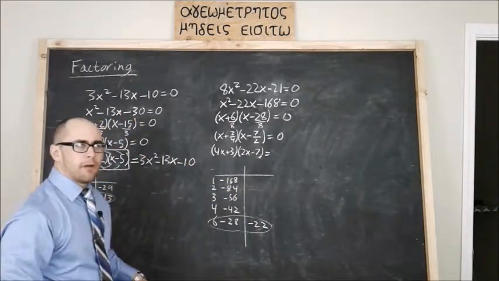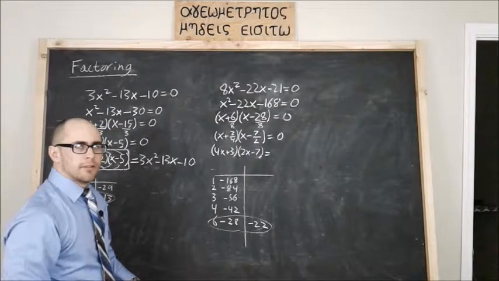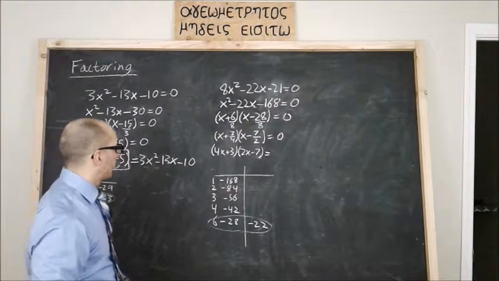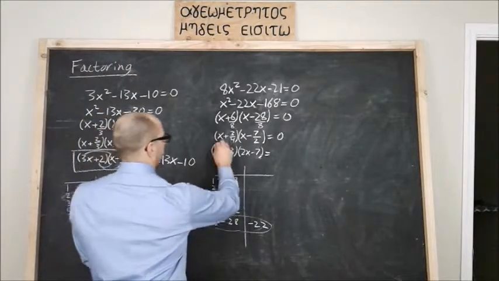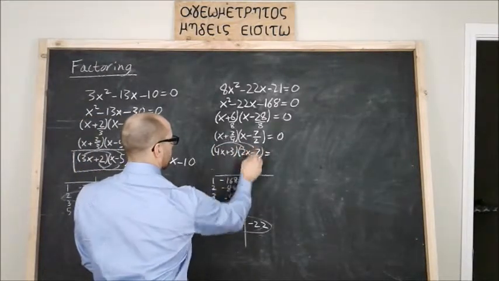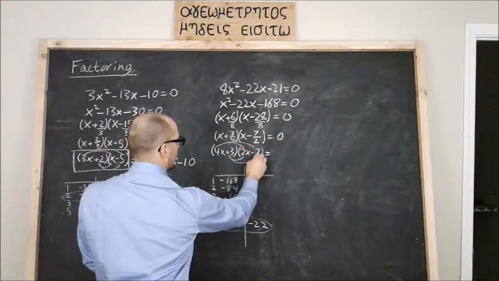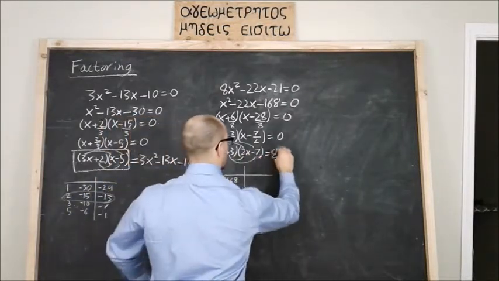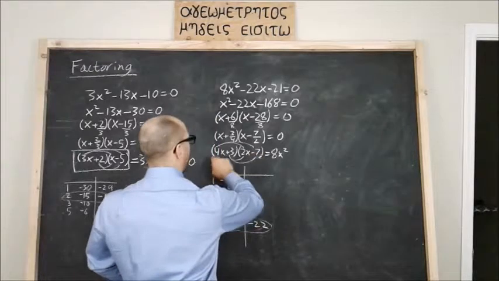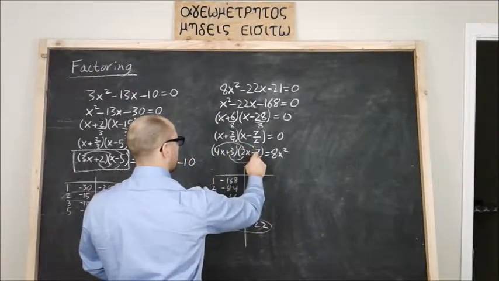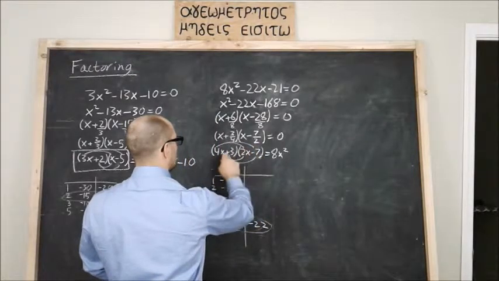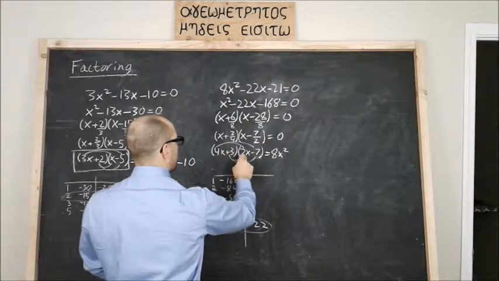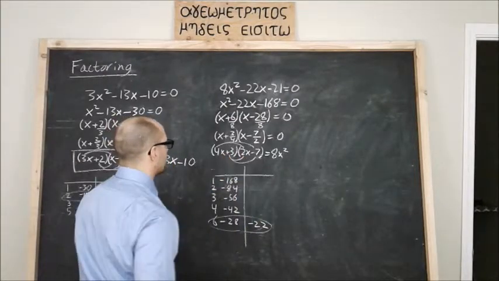Let me see now if I'm correct. To check my work, I'm going to FOIL. First two terms, outer two, inner two, last two terms. 4x times 2x is 8x squared. 4x times negative 7 is minus 28x. 3 times 2 is 6x.